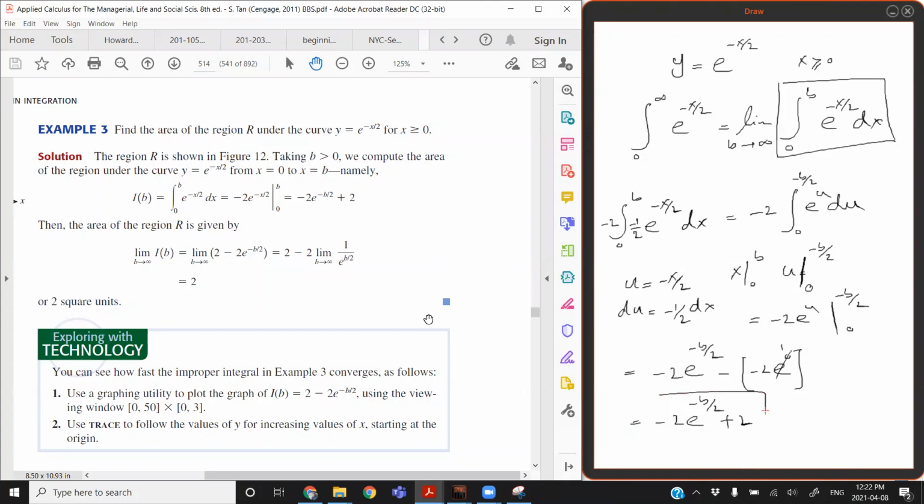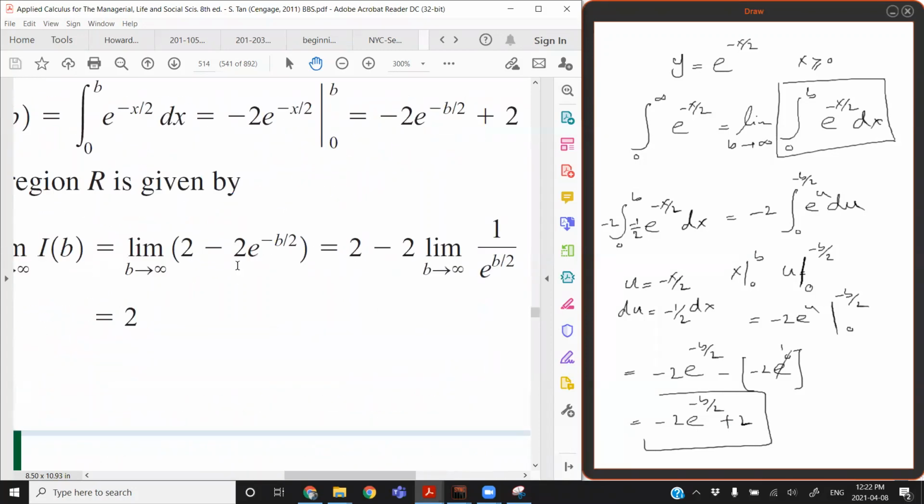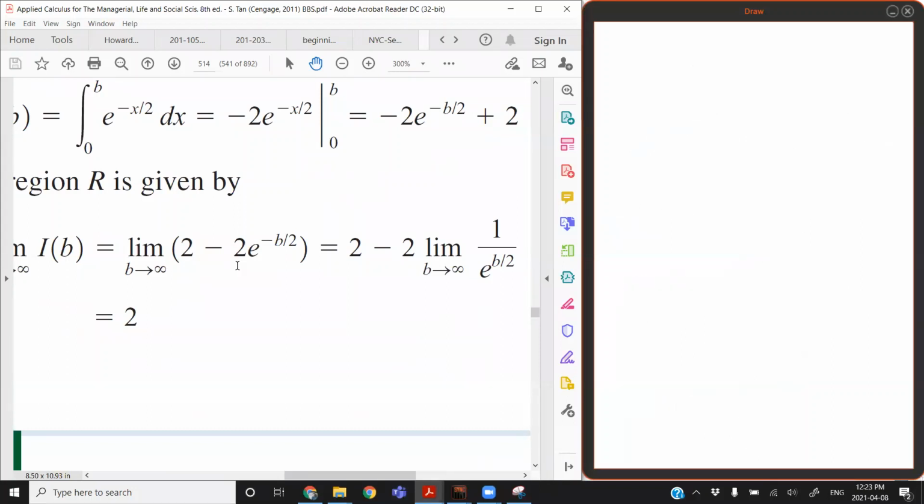So this is the value of this improper integral over here, and I can just replace this with this expression here in terms of b. So if I do that, I'm going to get this limit here. And let's just try to calculate this limit.